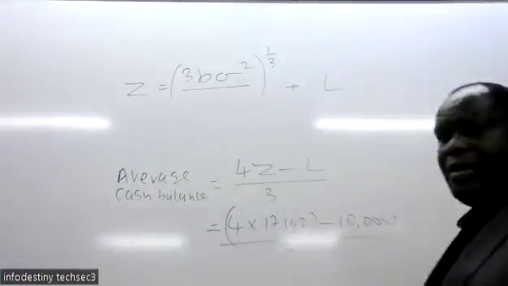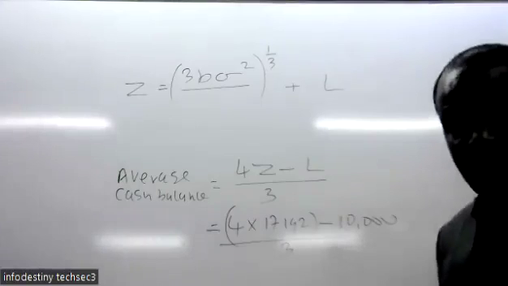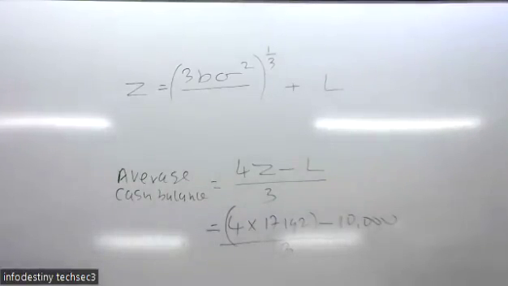So that is now our average cash balance. It is giving us around 576,589.3. Okay, so that now is our average cash balance.